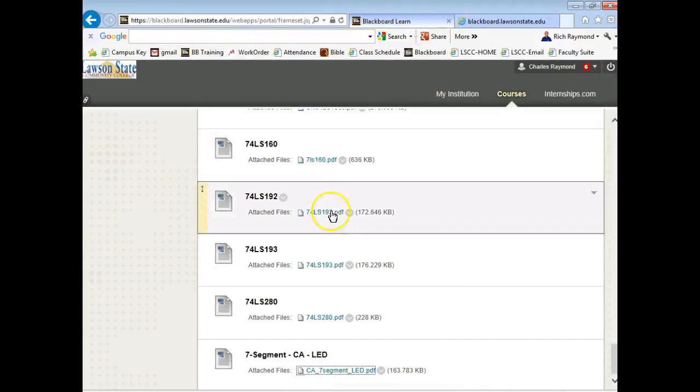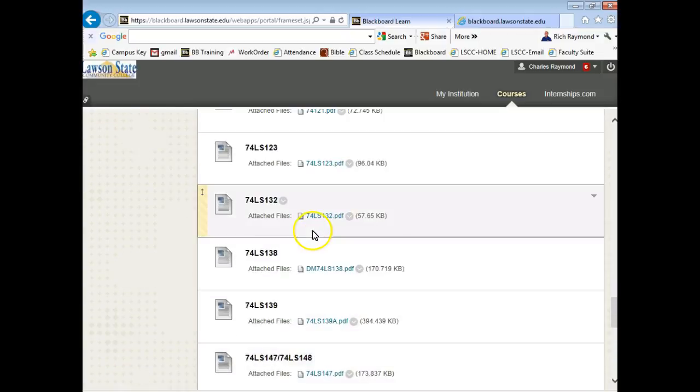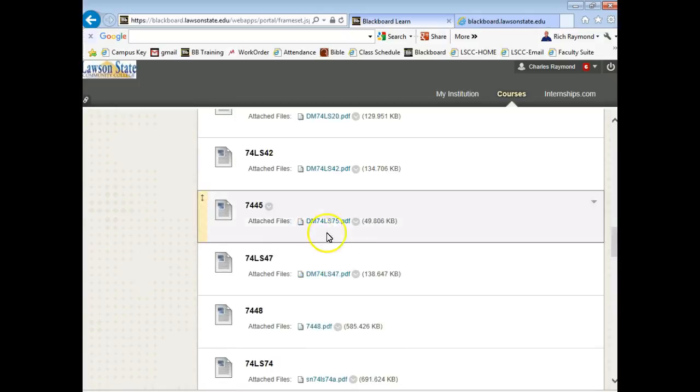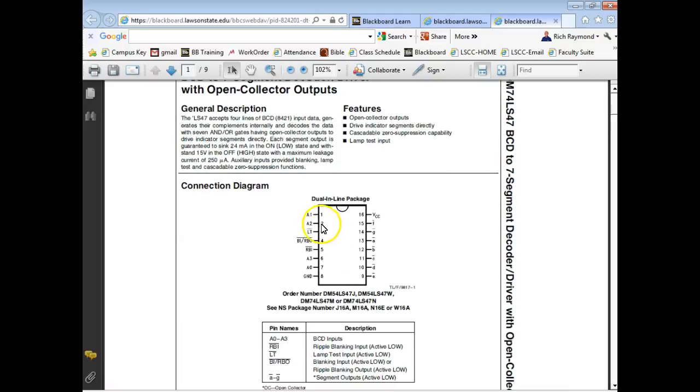So we have two ways we can do that. We can do it with ABCD, which is what I had in my head, and I might change this out because that's the way I like it. This is DM, National Semiconductor. So this is the way National Semiconductor does it. So here's our inputs.